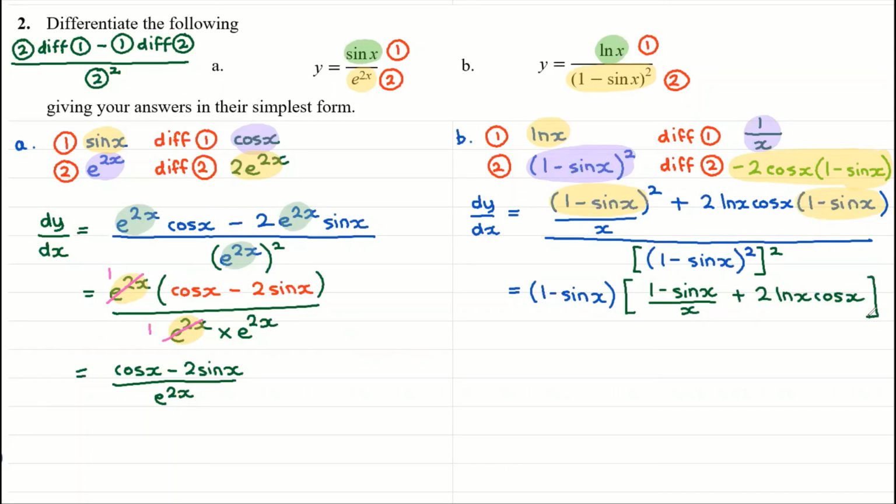Now, if I do the same factorization in the denominator, I can cancel it out. So I'm going to have 1 subtract sine x in the denominator, and let's put our line across there. Then you notice that the laws of indices stipulate that I'm going to get a power 4 here when I square a square.